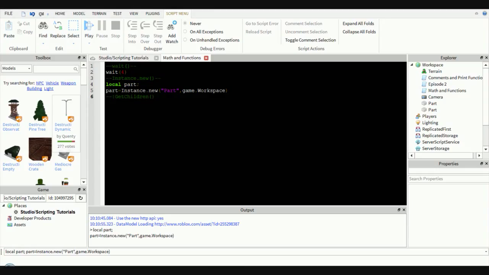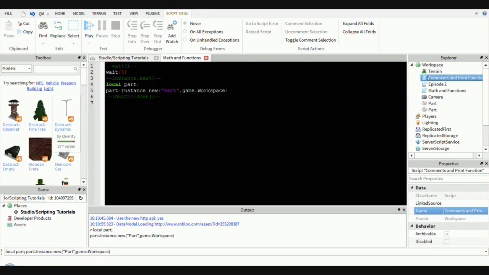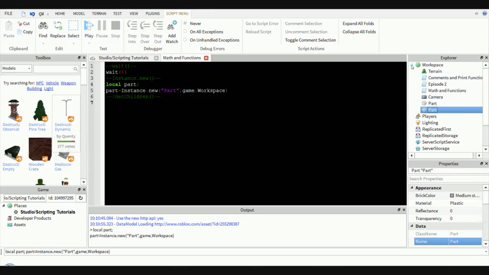GetChildren is a function that is applied to almost everything that has children in it. So like workspace has a lot of children, as you can see. It has terrain, comment, 3 scripts, 1 camera, and 2 parts. But these guys right here, they don't have any children because there's not this arrow that indicates it has children, and you can drop down and look into there.